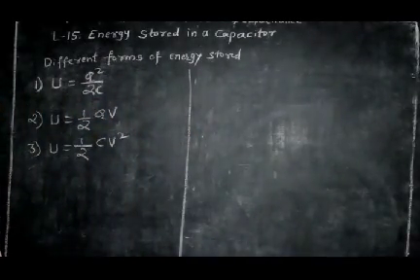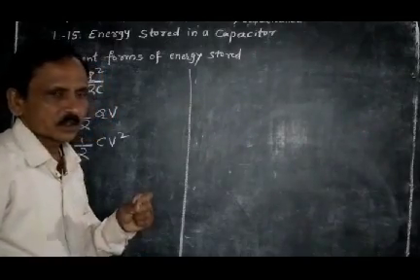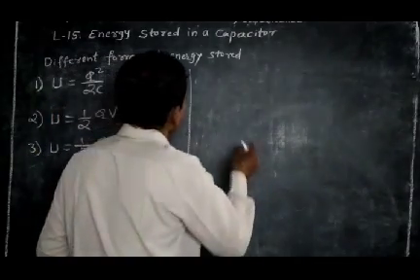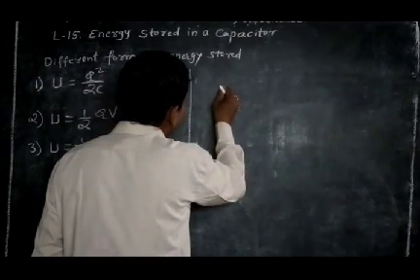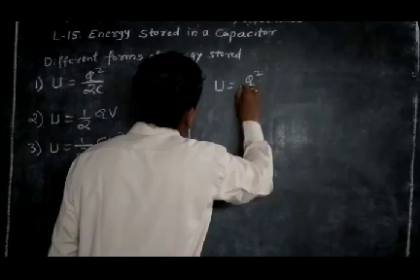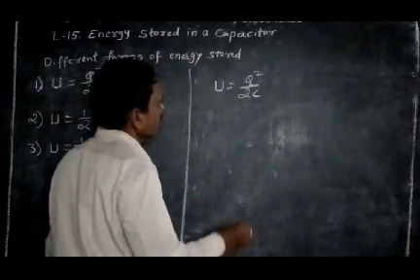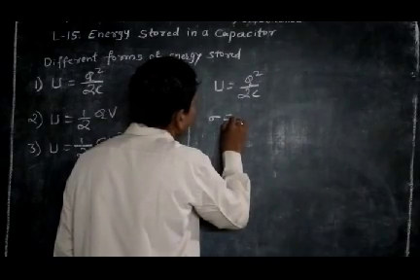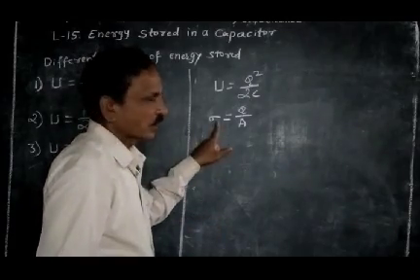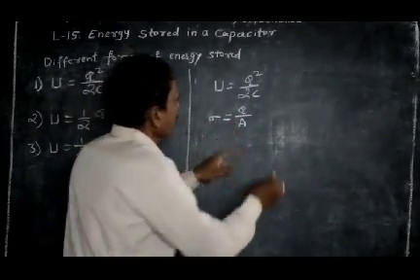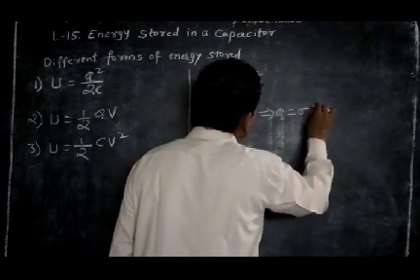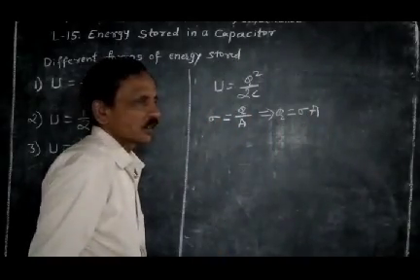Therefore, this can also be written as, if sigma is surface density of charge on the plates of capacitor, then U equal to Q square upon 2C can be written as, because we know that sigma is equal to Q upon A. Surface charge density is the charge per unit area. This implies Q equal to sigma into A.